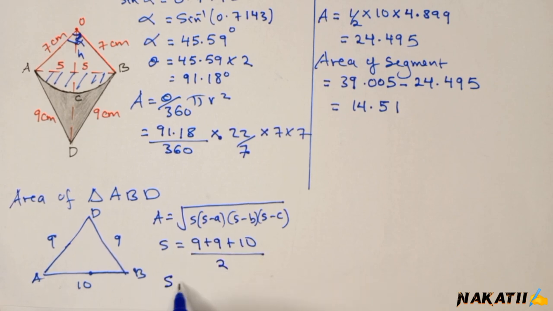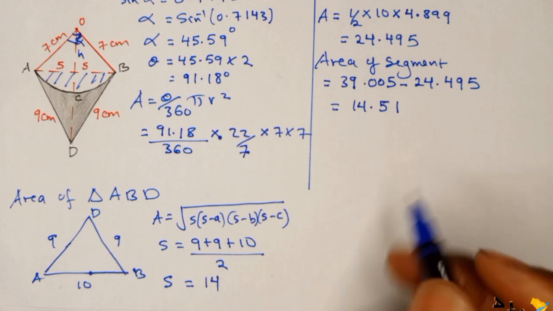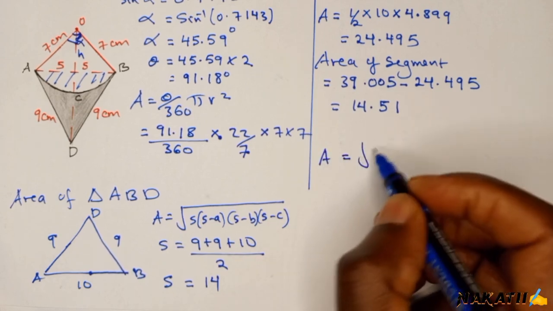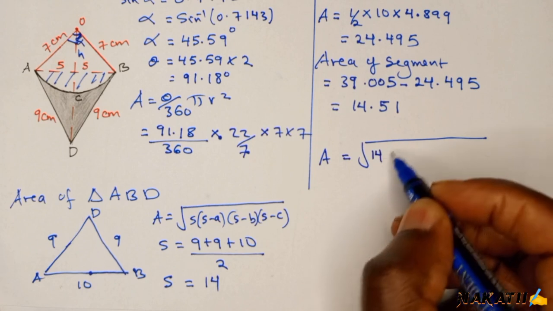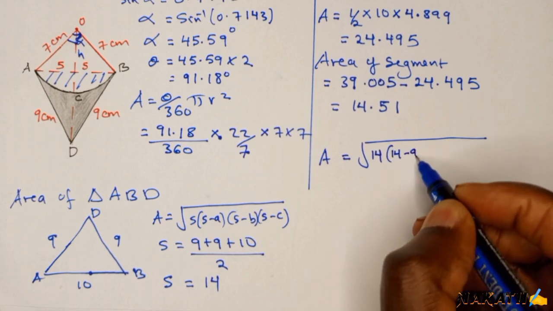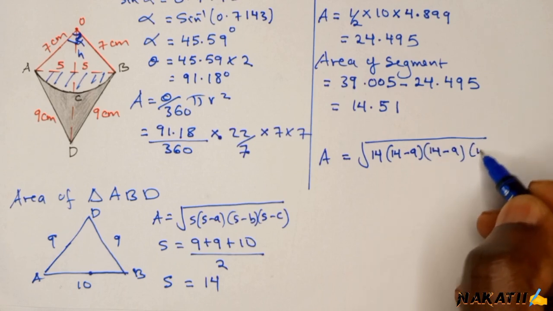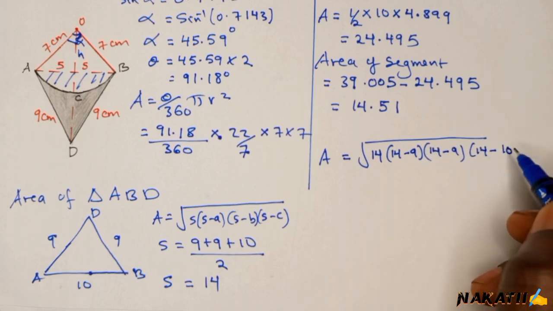Therefore our S will be 14. After getting S, we can now say that area is equal to the square root of 14 into 14 minus 9, 14 minus 9, and 14 minus 10.